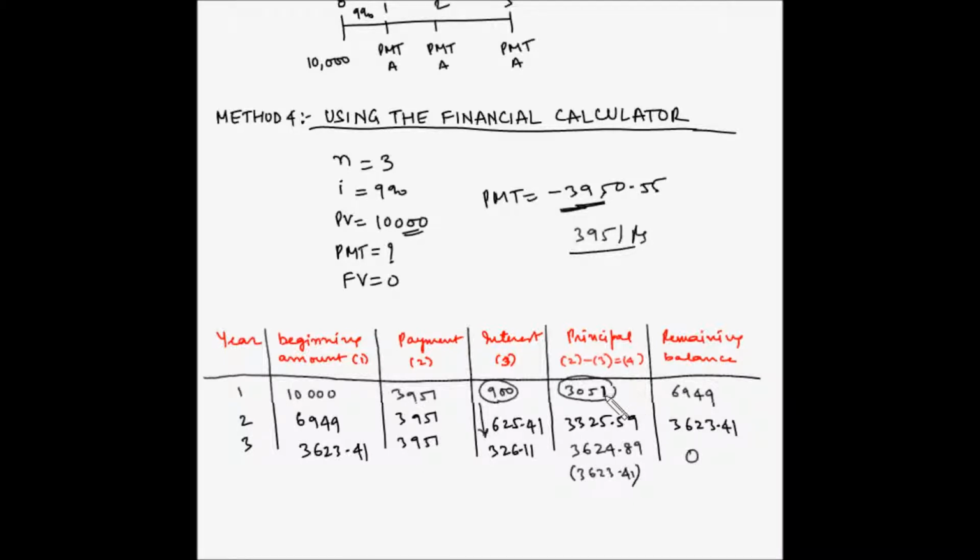So in the first installment the principal amount was 3051, then it became 3325.59, and then it became 3623.41, whereas the interest initially was 900, then 625, and then 326. So this is an important concept when you are taking any loan, because in the amortization schedule the initial installments repay very less amount of principal, as most of it is composed of the interest.